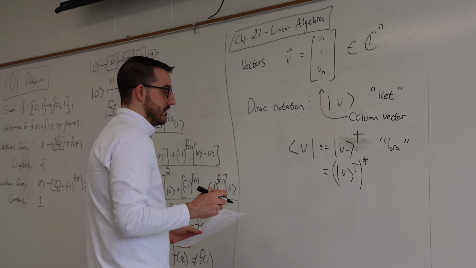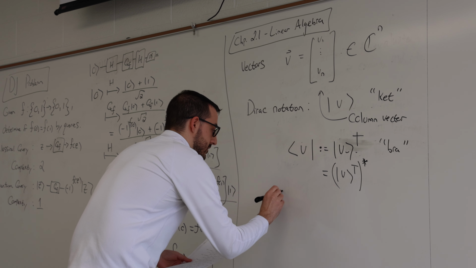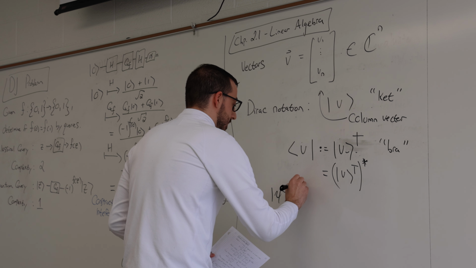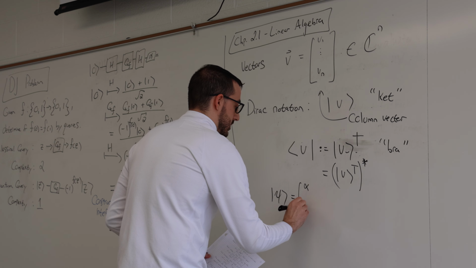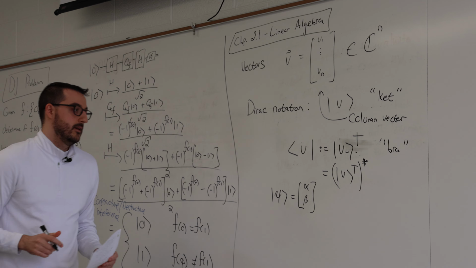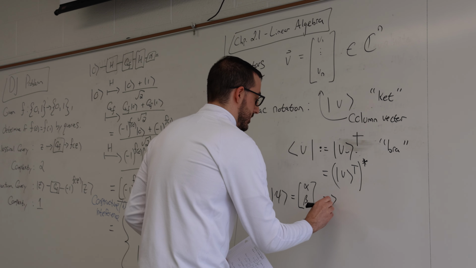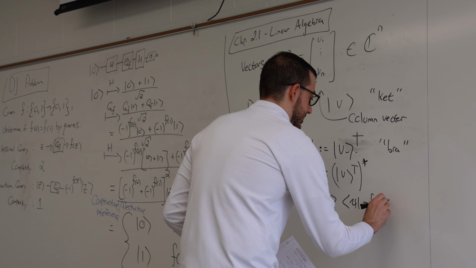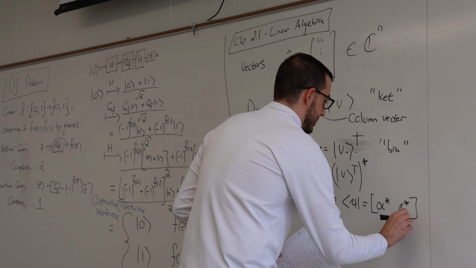For example, we'll often use the notation psi, and I could have psi being a two-element complex vector, alpha, beta. In this case, the bra version of psi would be a row vector, alpha star, beta star.